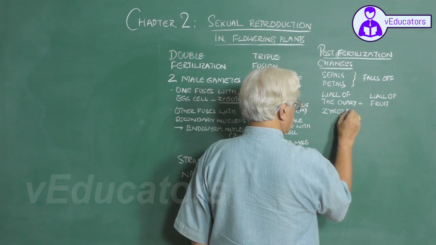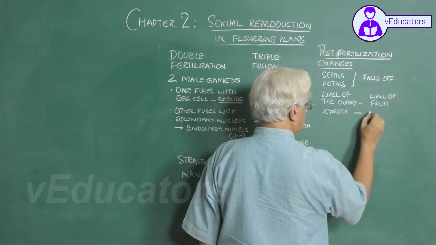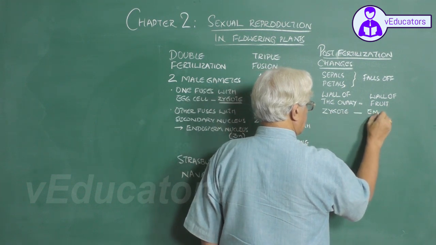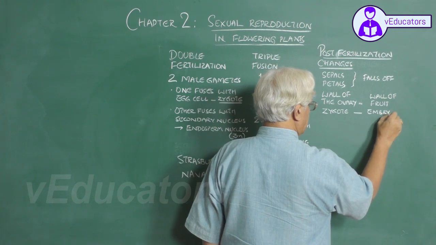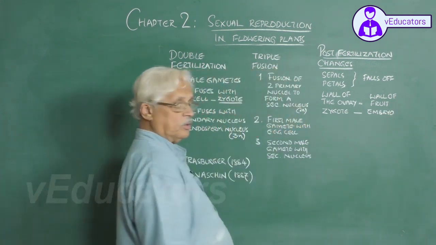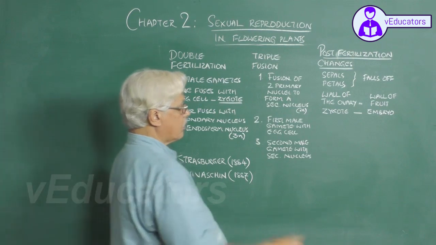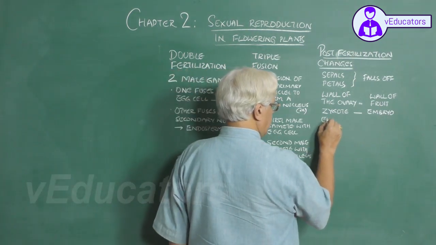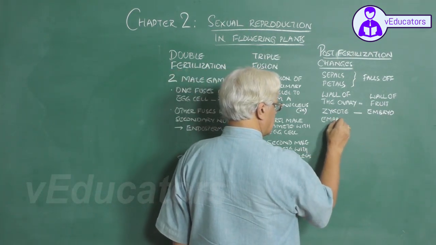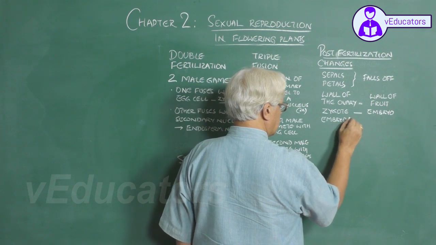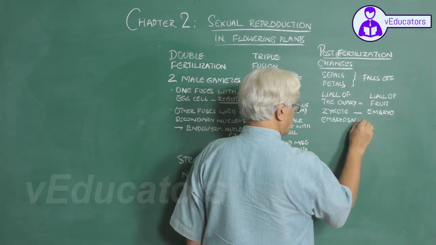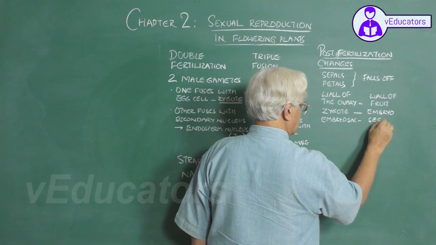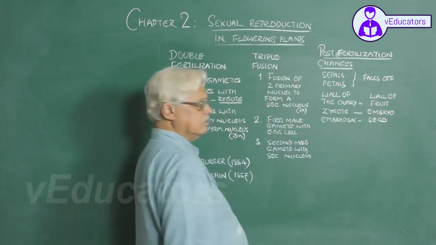The zygote in the embryo sac develops into the embryo. The embryo sac transforms into the seed.